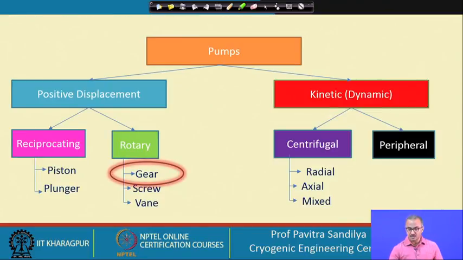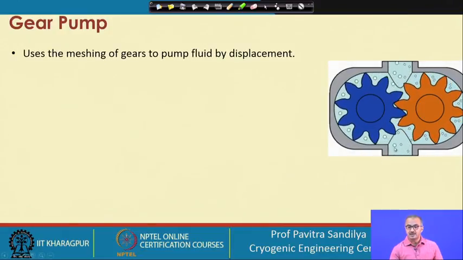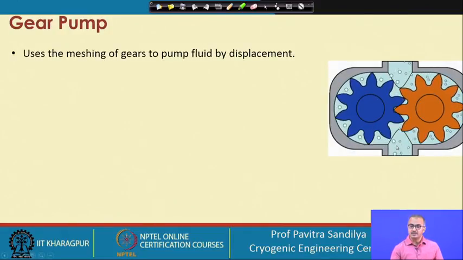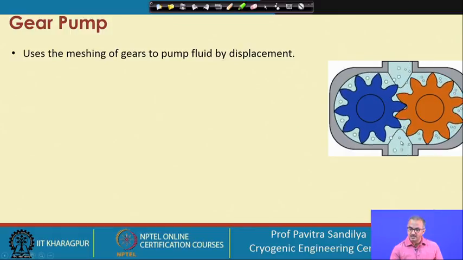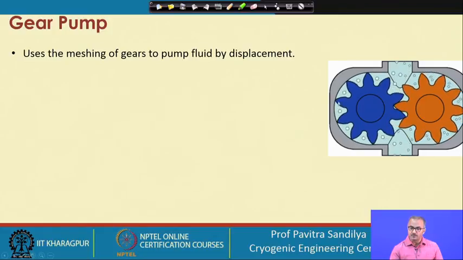And then we go to the gear pump, and as the name suggests, we have two gears. Here the liquid is coming through this side, and because these gears are moving, the liquid is taken from these two sides.